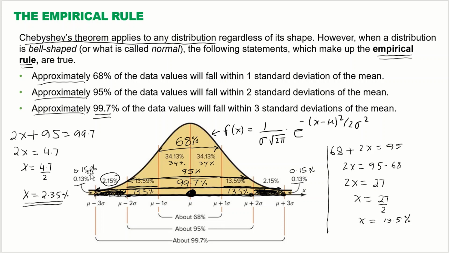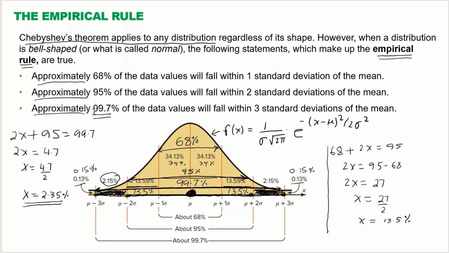That's why the values which are given more accurately are a little bit different from the values given by the empirical rule. So this rule is called the empirical rule. Empirical rule is used only for the normal distribution. The empirical rule will give you the amount of data that lies within 1, 2, or 3 standard deviation.